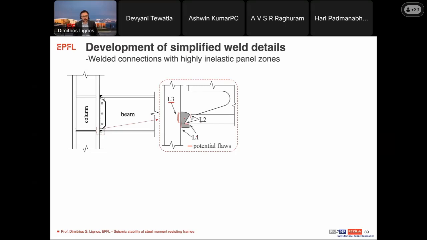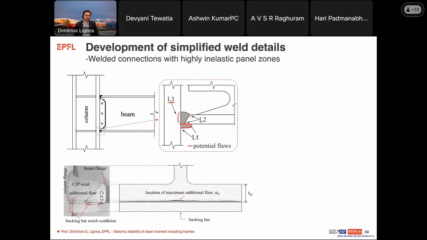Now, for the other two locations, for those of you who may be more interested in fabrication, usually we use what we call this backing bar, or a small steel plate, which we put usually to support the welds.